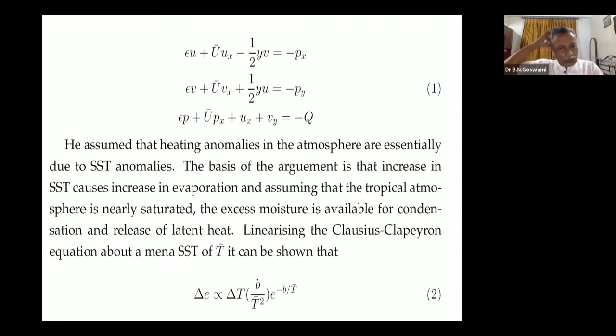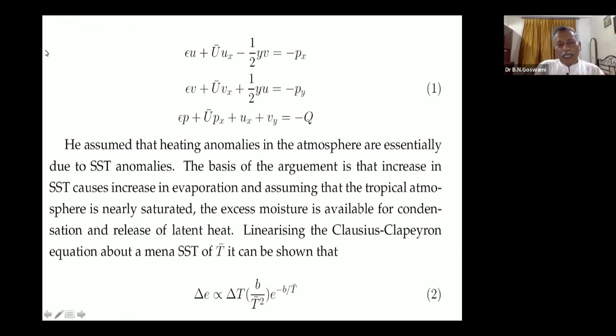When you develop a coupled model, I want the heating in the atmosphere to be linked to the sea surface temperature, and that sea surface temperature will give rise to heating. Heating will give winds. The winds will then force the ocean. The ocean will produce a change in the temperature. Temperature changes will further change the heating function, and so they couple.